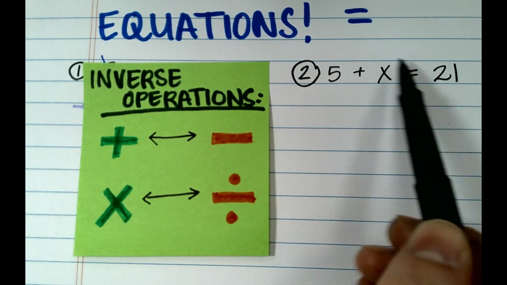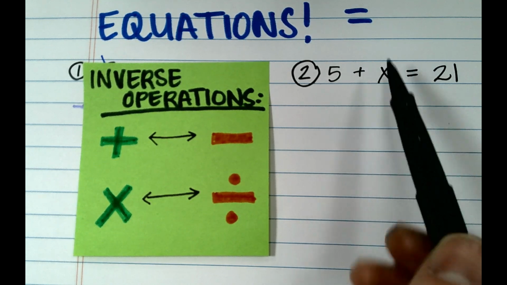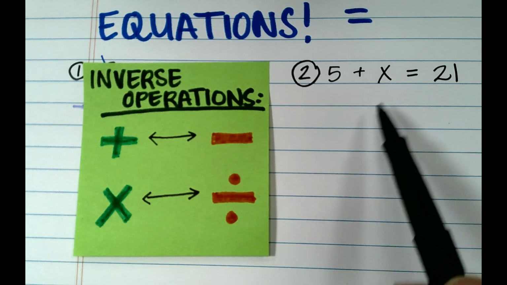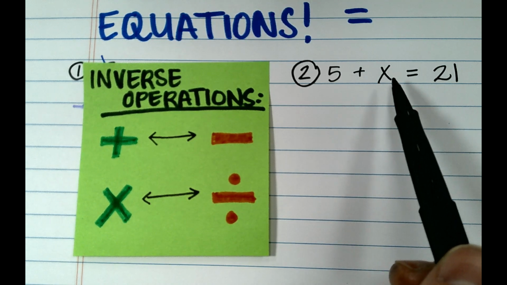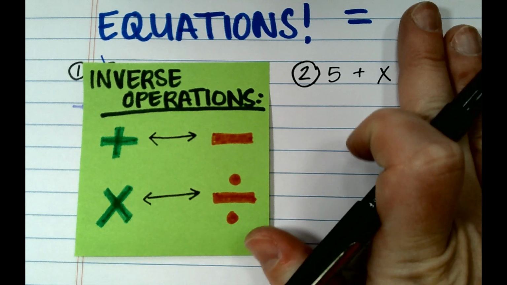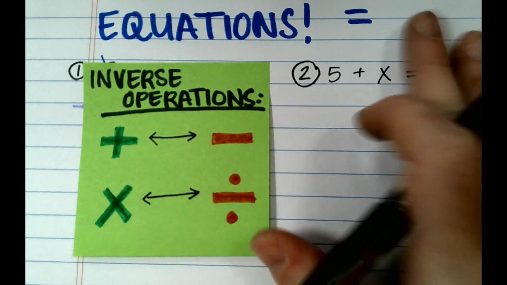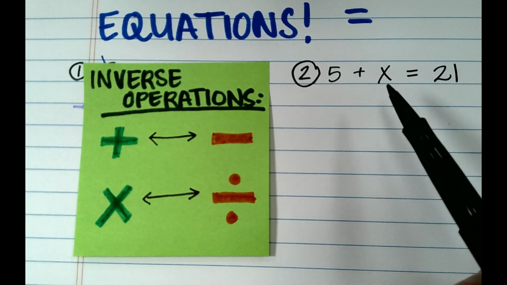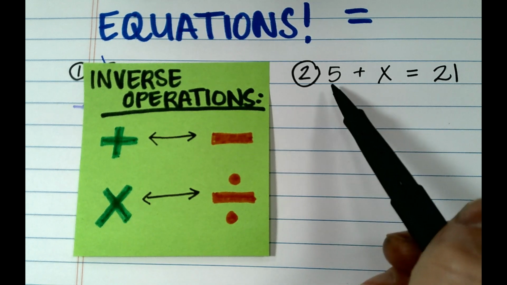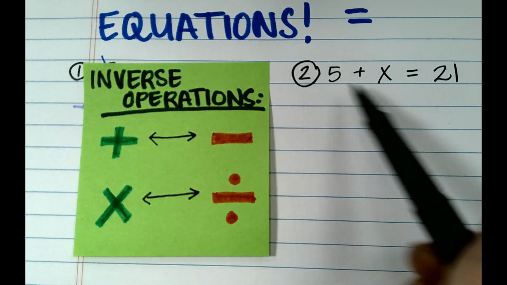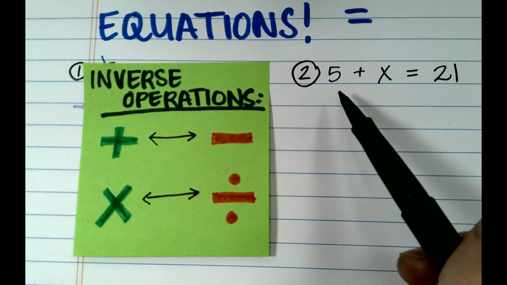Our goal is to get x by itself. We want to get rid of anything that is not x. So on this side of the equal sign, I have 5 plus x. What do I need to get rid of so that x can be alone? The 5.